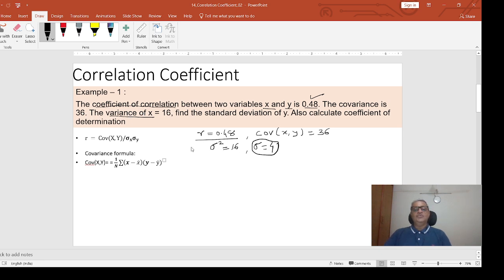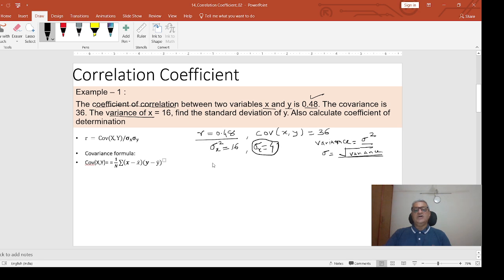And we have all seen that variance is equal to sigma square, or sigma is the square root of variance. It means one and the same. So sigma square x is 16, so sigma x is 4.